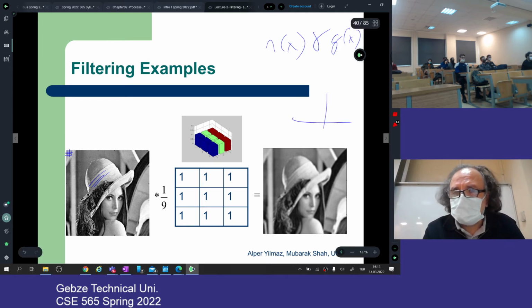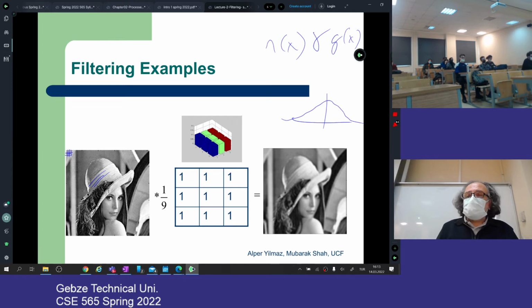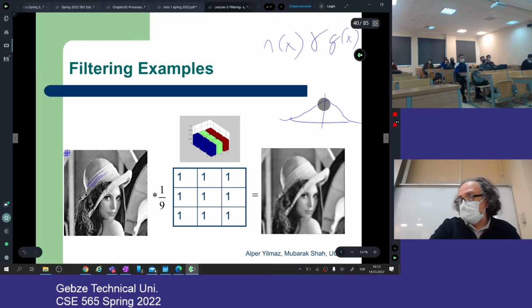Okay, question for you. If this is your Gaussian, if I take 100 samples out of this distribution, and if I add them up, what would I get? What would be the total? 0. Why? Because it is symmetric around 0, right? It is 0.